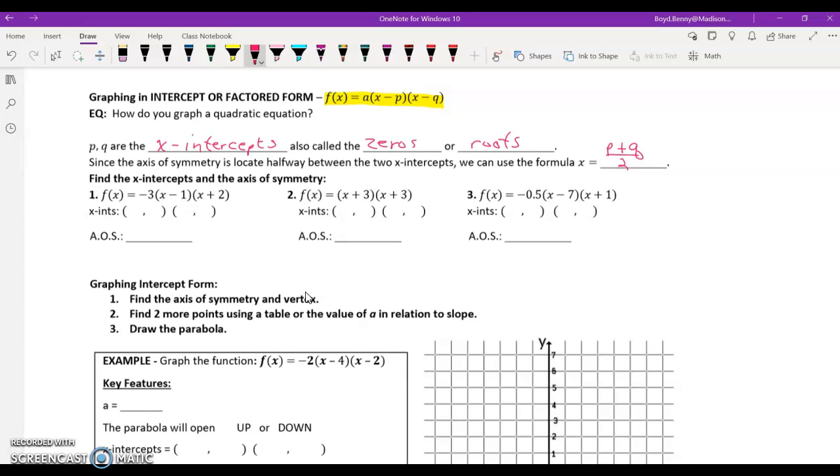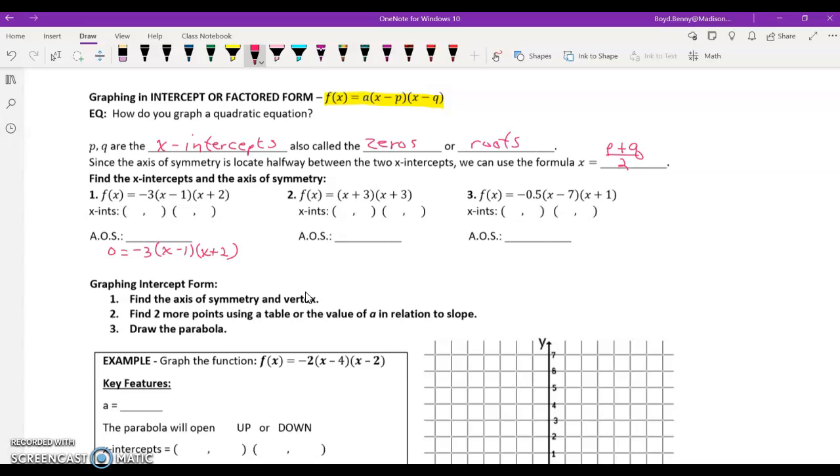Okay? So, let's go ahead and take a look at a couple examples here. Example 1 is f of x equals negative 3 times x minus 1 times x plus 2. To find the intercepts, we're going to set this equal to 0, and then we're going to solve this.